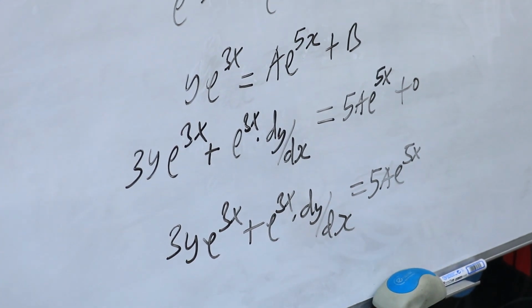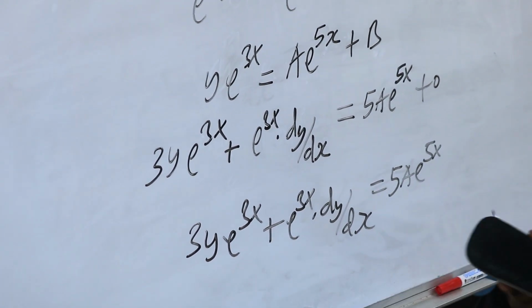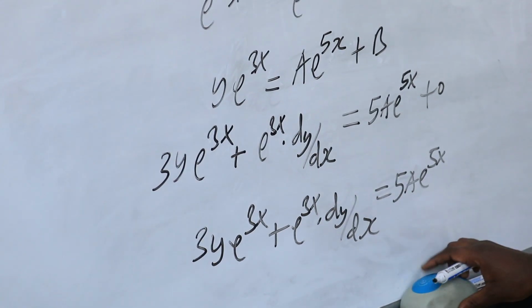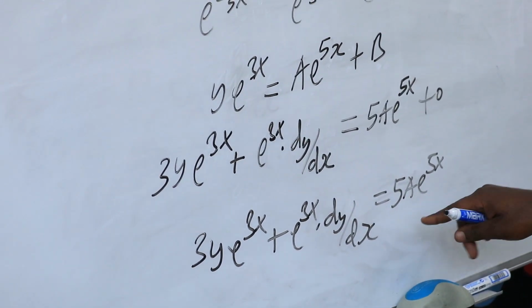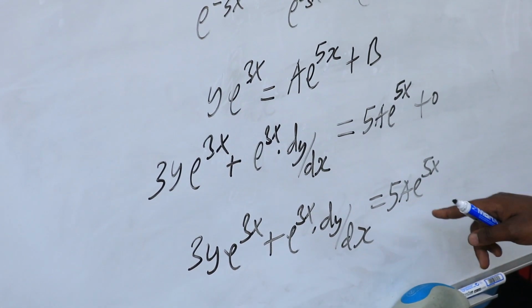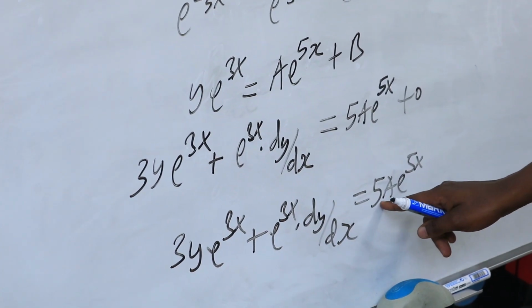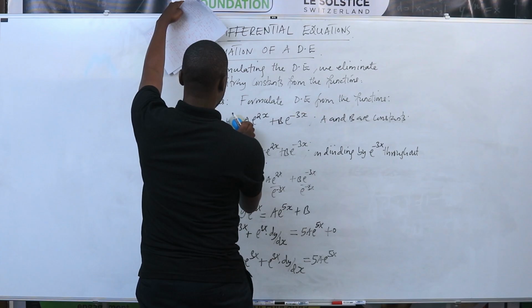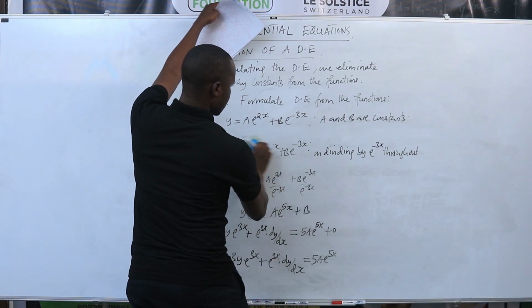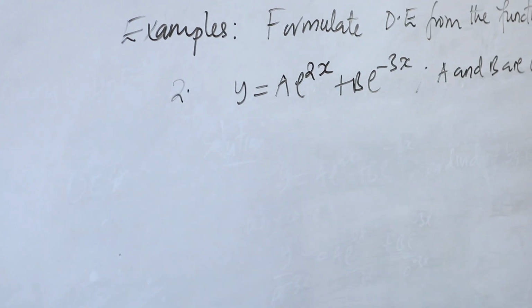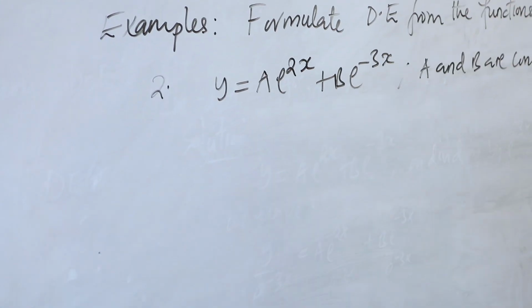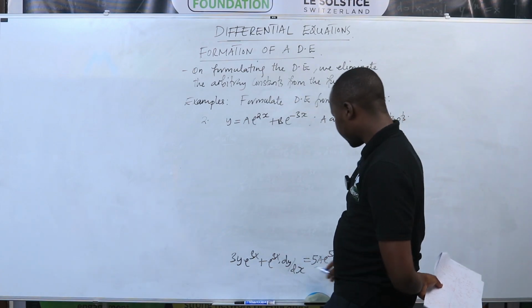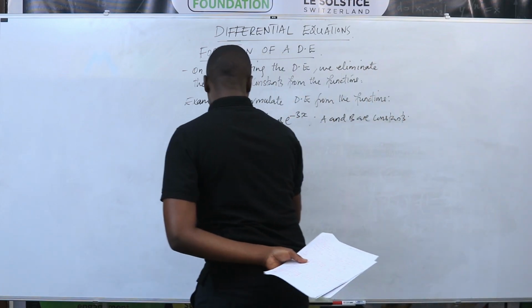So again we are going to perform the same thing: we divide by e raised to 5x, so that we remain with only the constant. From here, we divide by e raised to 5x throughout and see what we have.